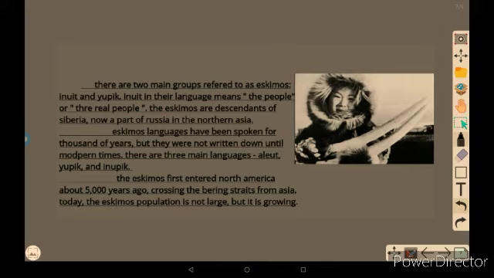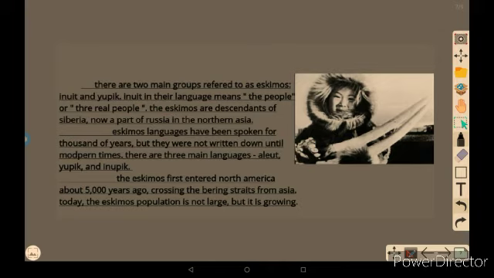And here the three main languages are Inuit, Yupik and Inupiq. What are the three main languages? Again, Inuit, Yupik and Inupiq.